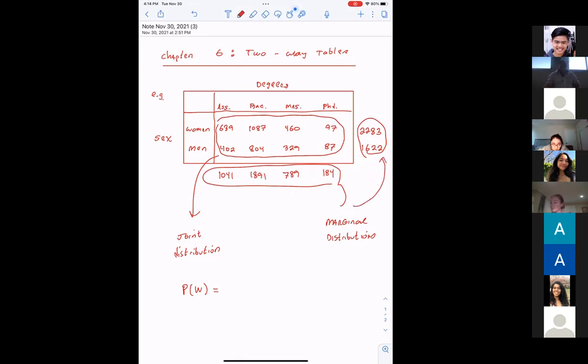And what would that be equal to if the total, which by the way, they also give me the overall total, is 3,905,000? What would be the formula for the probability that a person chosen at random would be a woman?